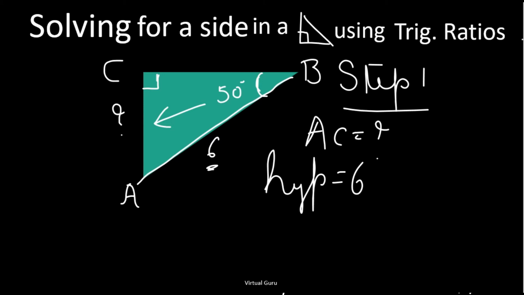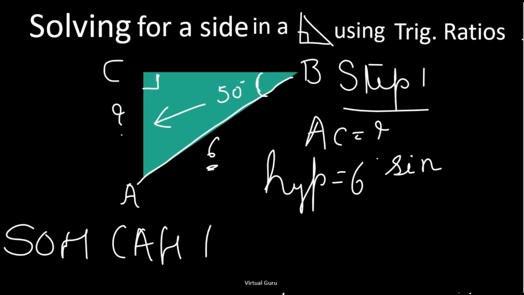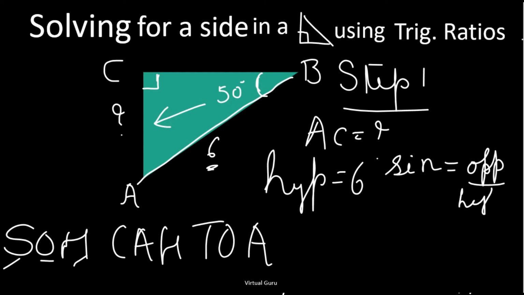That is sine, obviously, because I have already told you the trick to remember the formula, SOH CAH TOA. You see that only sine has opposite and hypotenuse present in it. So sine is equal to opposite by hypotenuse.